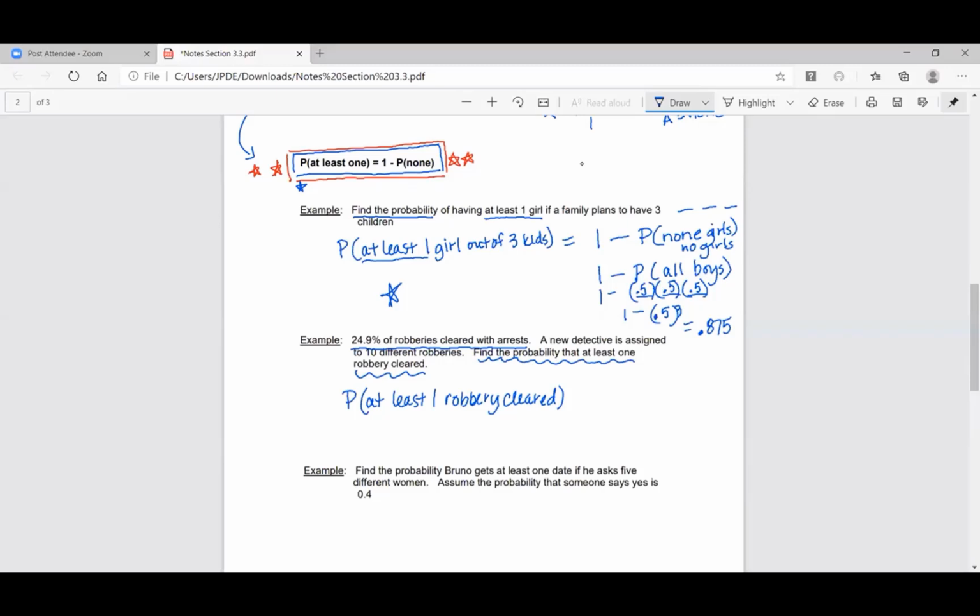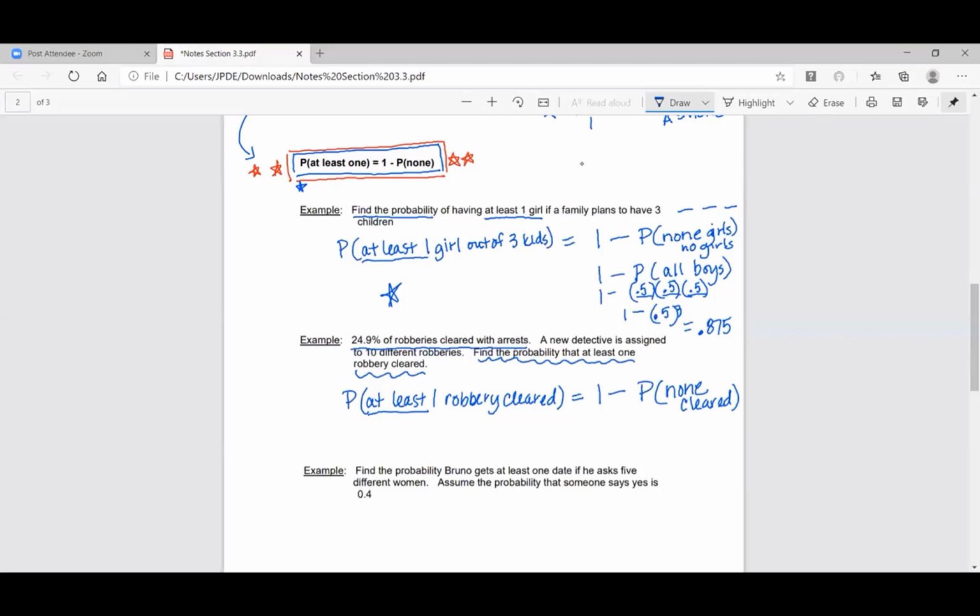So you don't want to have to go through all those possibilities. When you see at least one, your brain, I hope, will start to say, oh, at least one is 1 minus the probability that none, and then don't just put none, put none cleared. None of those 10 cases had an arrest.